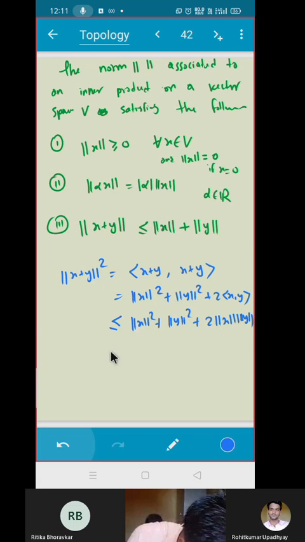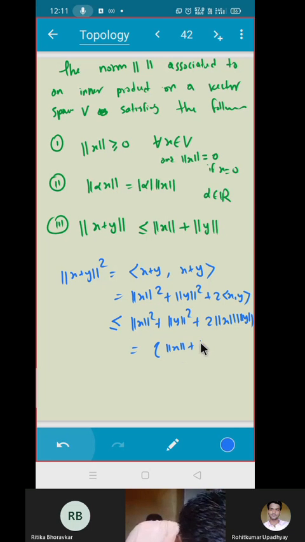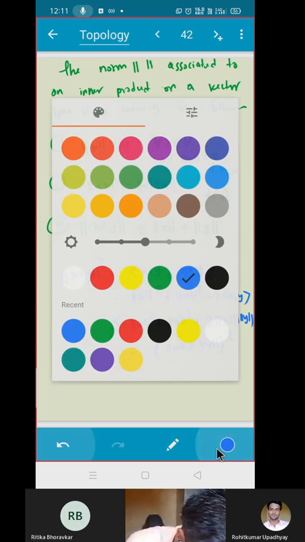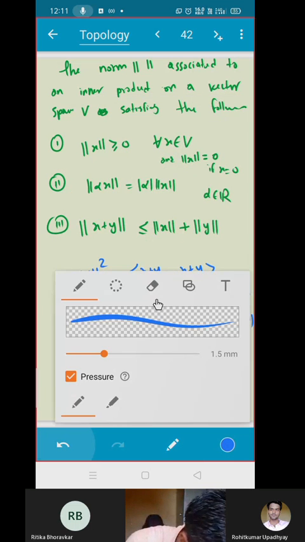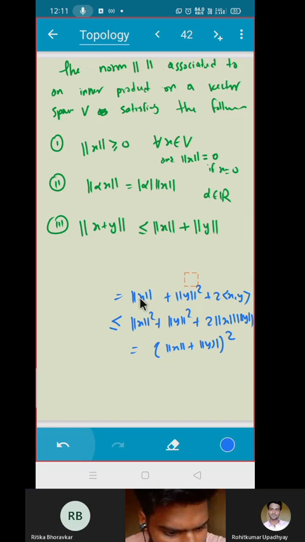Am I done? This is same as norm x plus norm y, the whole square. Correct? Do you see the proof, everyone? Taking square root both the side, we are done. Is the proof clear to everyone? Yes, sir. I'll just erase it.